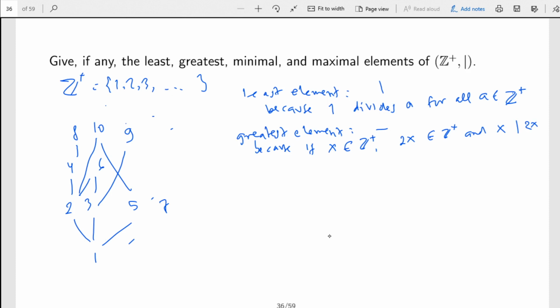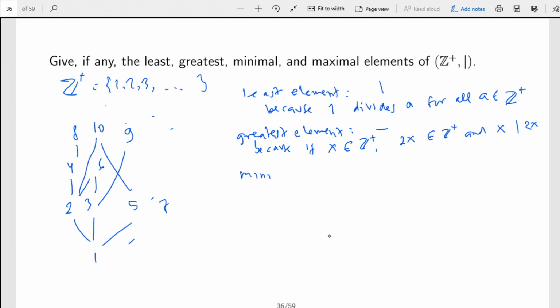So 2x is above x. So for every element, you always have an element above it. So that element x cannot be the greatest, because it is not greater than or equal to every other element.